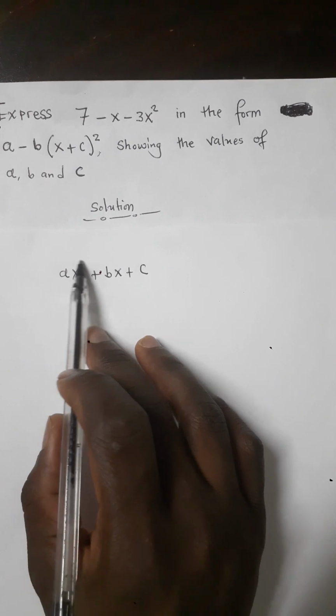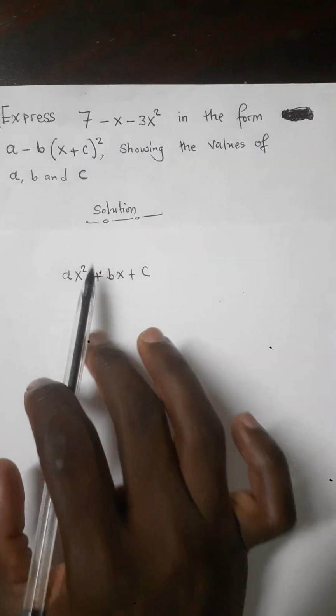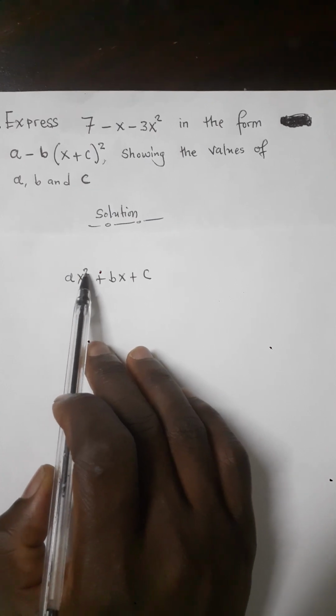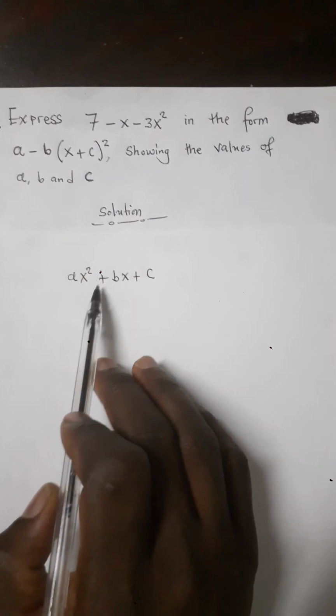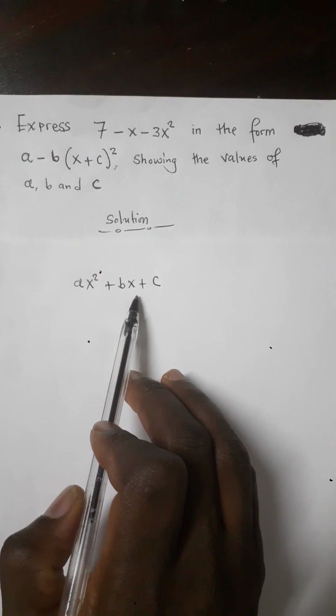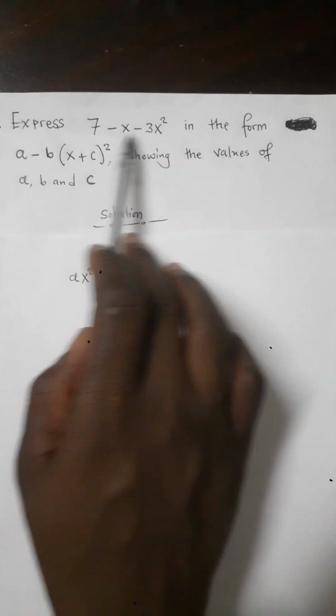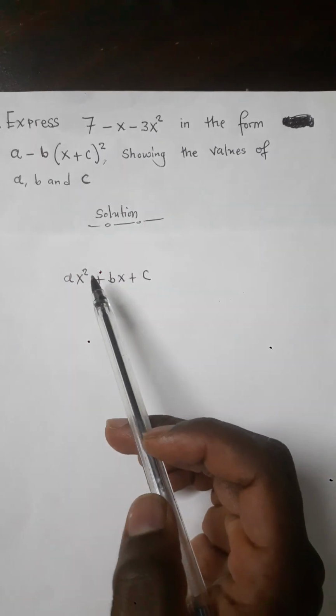And in a quadratic function, we want to see one term with a variable raised to the power of 2. This is the same as the one which has been given there, though this one has been written in reverse.